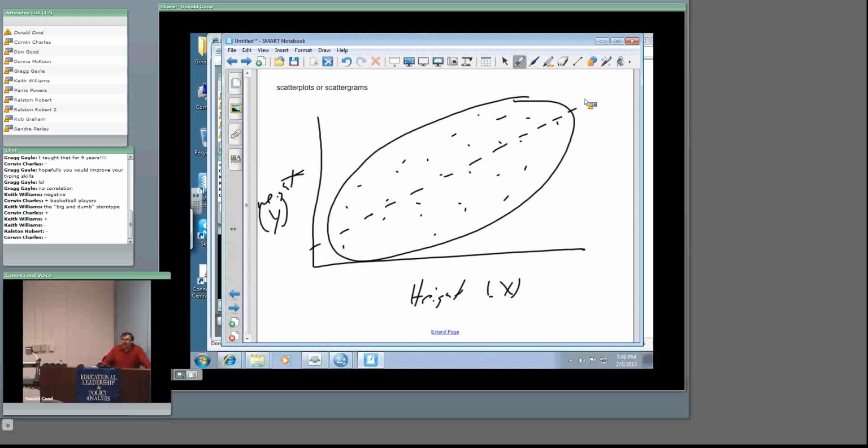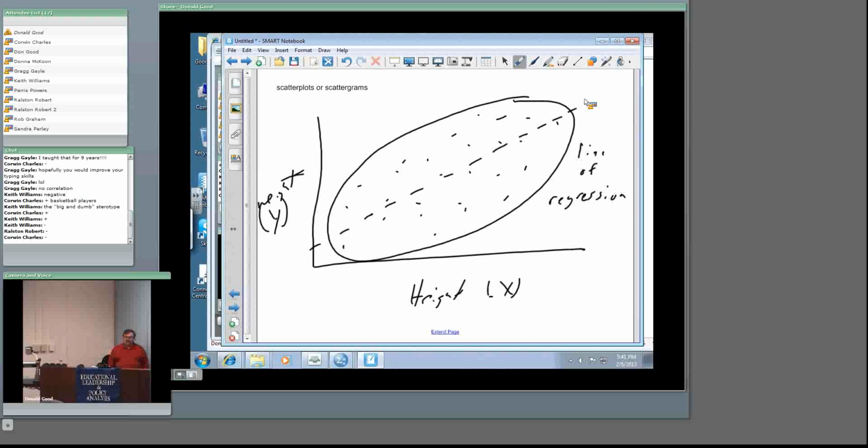If you look at your syllabus, it talks about correlation, which I've been on for a while now. That is called the line of regression. So correlation feeds into what we call regression analysis.